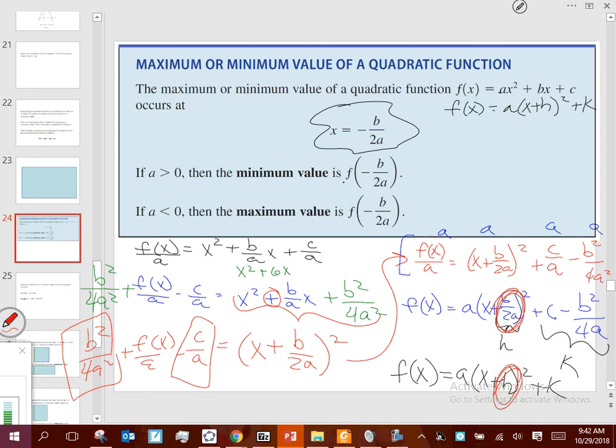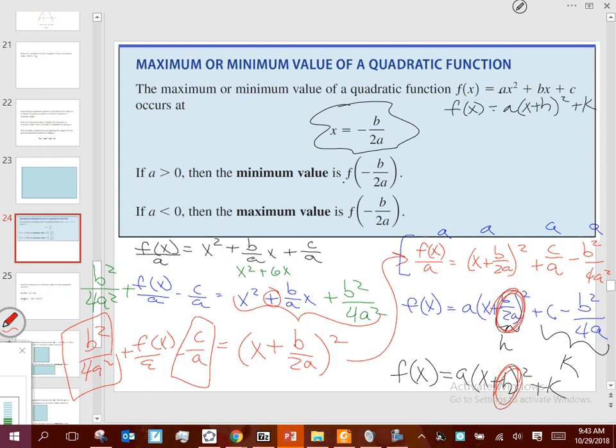Now, when we see it inside our vertex form, a times x plus h squared plus k, we know that because we're adding or subtracting to an x, it's actually moving in the opposite direction of what we do. If it's adding, we move it left. If it's subtracting, we move it right.